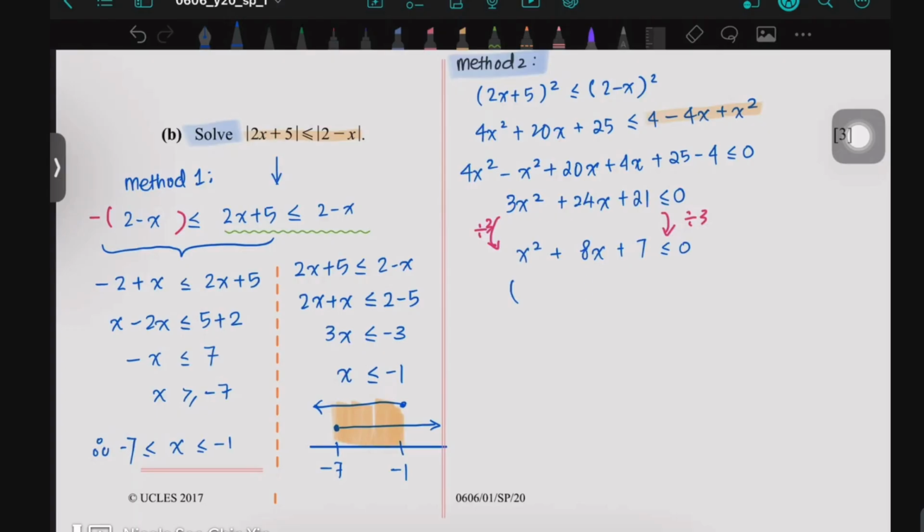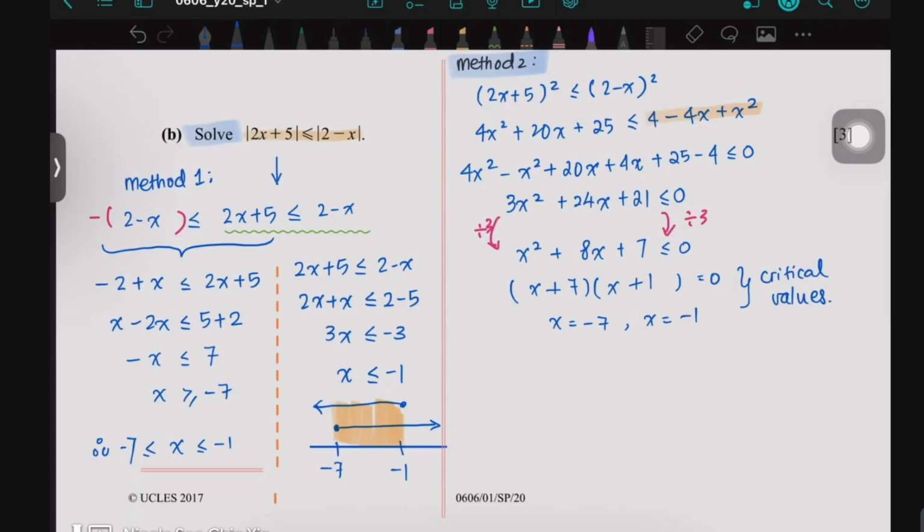Okay, find critical value. So x and x, 7 and 1, plus. So my values will be x equals negative 7, x equals negative 1. Okay, this part is to find critical value.